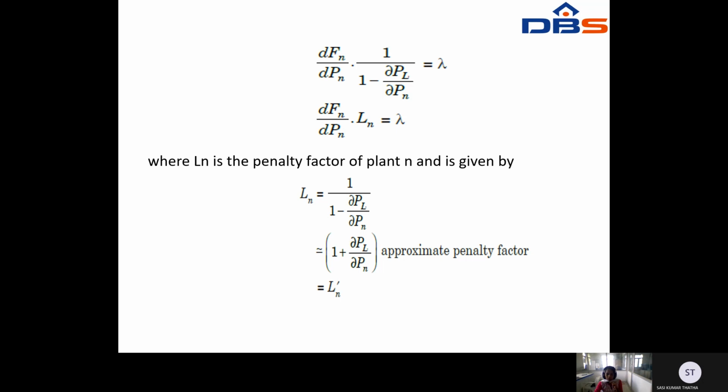We take this factor as Ln, so Ln into dFn by dPn equals lambda, where Ln is the penalty factor of plant n, given by Ln equal to 1 by (1 minus dou PL by dou Pn), which is approximately 1 plus dou PL by dou Pn. This approximate penalty factor is Ln dash.